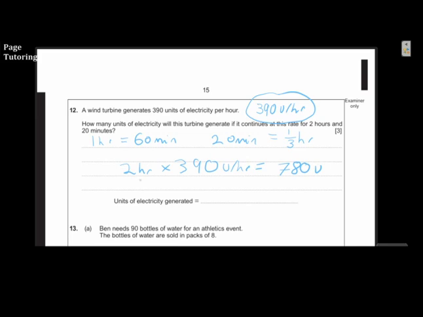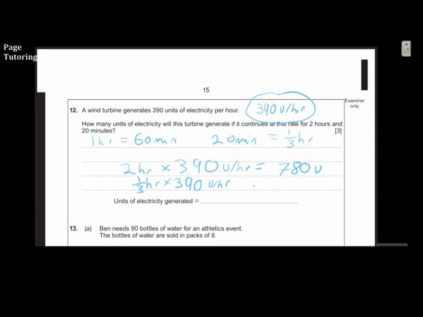And this equation makes sense because if we look at our units at the end, the hour for 2 hours and the per hour for the 390 units per hour will cancel out and just leave the units of units. So now we're going to do the third. So a third of an hour times 390 units per hour.